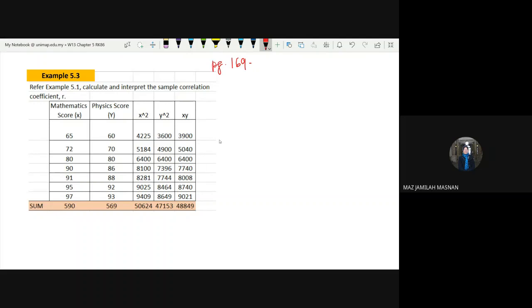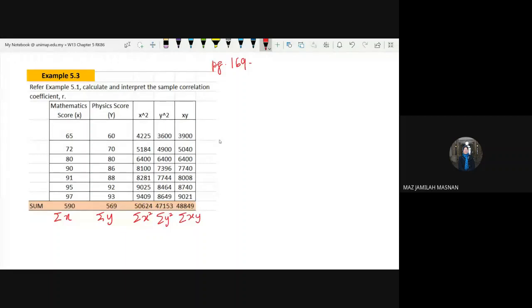So class, if you look at your textbook on page 169, you have this particular table given in your solution. This is the summation of x, summation of y, summation of x squared, summation of y squared, summation of x and y.